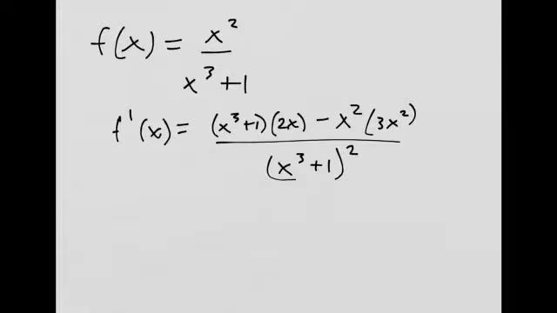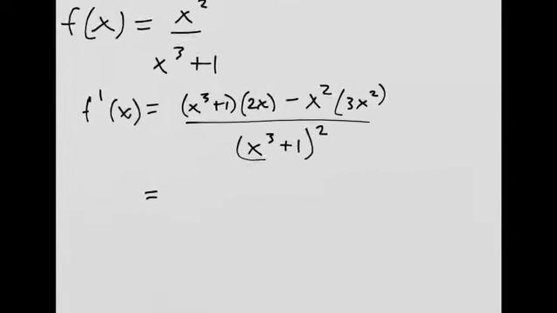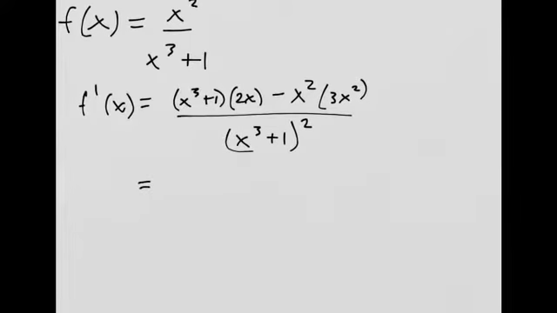Now my task is to figure out, is this decreasing? So maybe what I will do is simplify some more. I know that this is always positive, and I know that my x values are always going to be 1 and bigger. So for this, I'll distribute, so I get 2x to the 4th plus 2x minus 3x to the 4th.